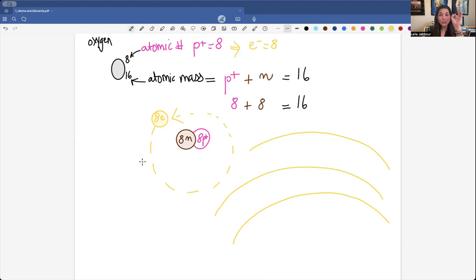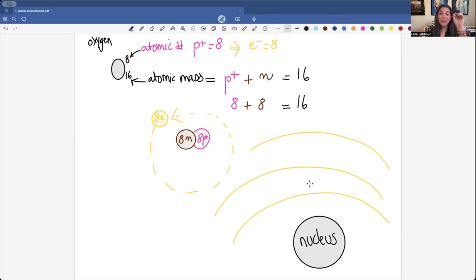Actually, they're not all going around together on the same level. With the nucleus in the center, I'm just going to write nucleus without writing protons and neutrons. You have different orbits outside of the nucleus: the one closest to the nucleus, and the next one, and the next one, and the next one.